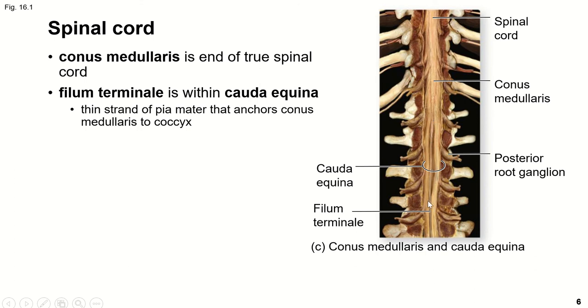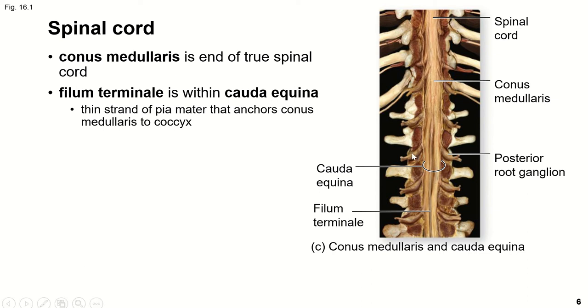And you remember the pia mater is the meningeal layer that sits on the brain. We're going to have that same layer on the spinal cord. So it keeps extending beyond the end of the spinal cord, and it goes all the way down to the coccyx, and it anchors the spinal cord in that vertebral column, and it helps it to stay there and not sort of inch up when you curve your back.